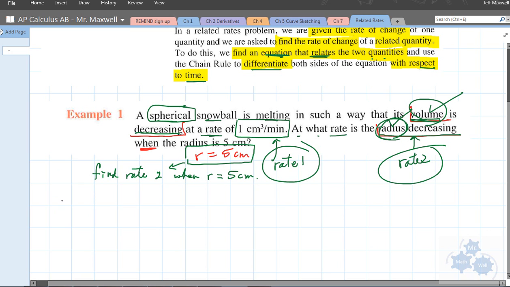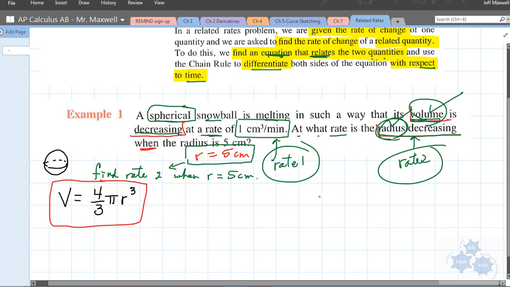You shouldn't have to reinvent the wheel here. Lots of times there will be a given formula that you've worked with many times in the past. So what's the formula for volume of a sphere? Anybody remember? It would be 4/3 times pi times the radius cubed. So this is the equation that ties together the volume and the radius.